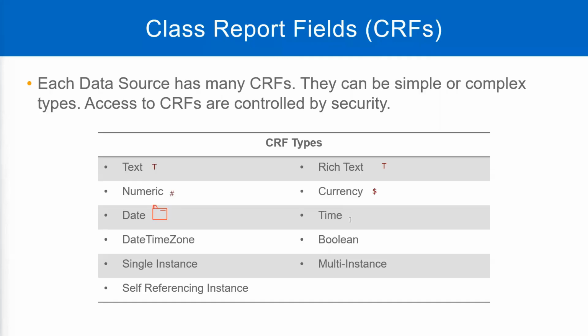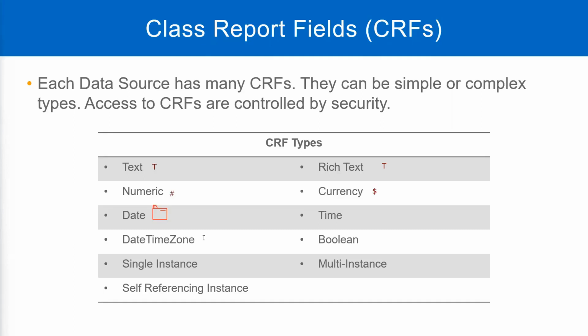But still, we can find it out and check it out for ourselves. So there is an icon for time fields as well. The time fields will contain data in the format hours, minutes, and seconds, and you can configure the format. But it is definitely different from the date field.